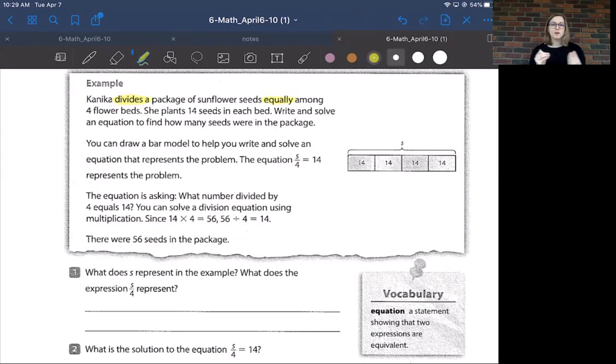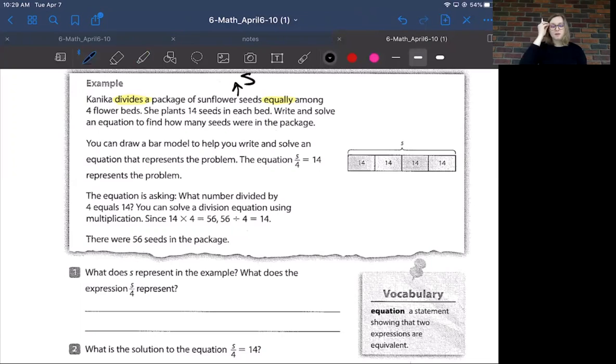Dividing equally, splitting up equally is going to be division, okay? She's splitting up her package of sunflower seeds. We don't know how many sunflower seeds that is, so I'm just going to use a variable S. We have to use a variable to stand for some number that we don't know.